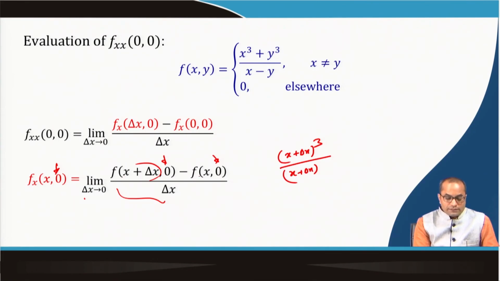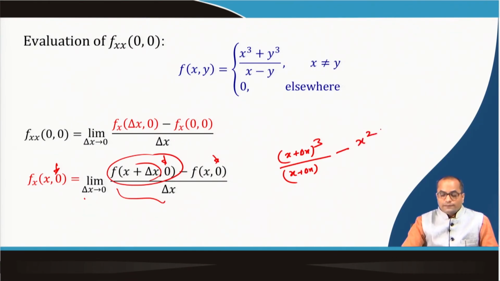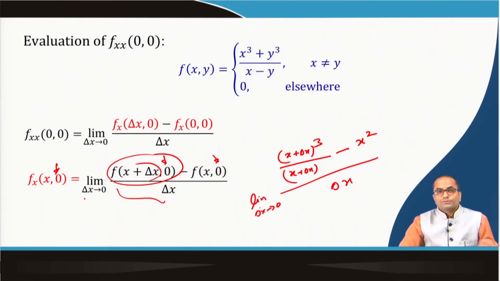So, this is the function, then minus f(x, 0). There we will get x cube over x. So, that means x square, and then we have delta x and the limit as delta x goes to 0.